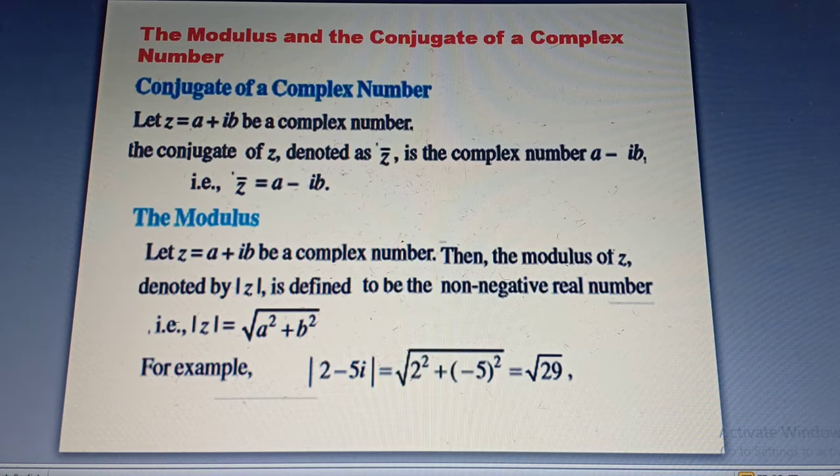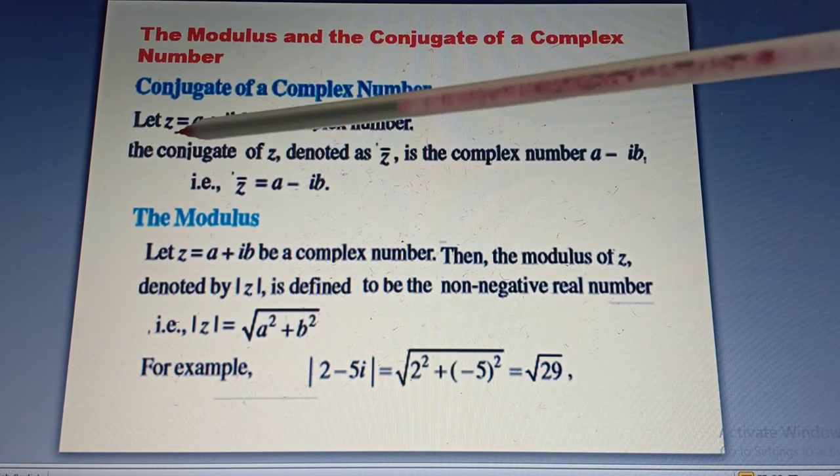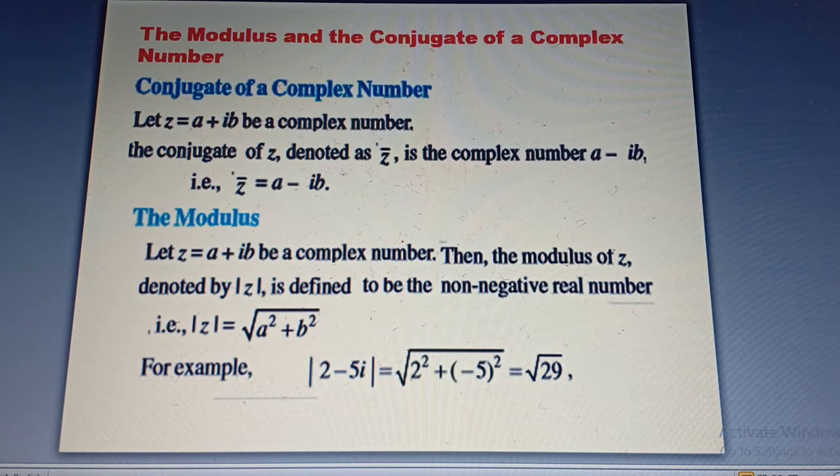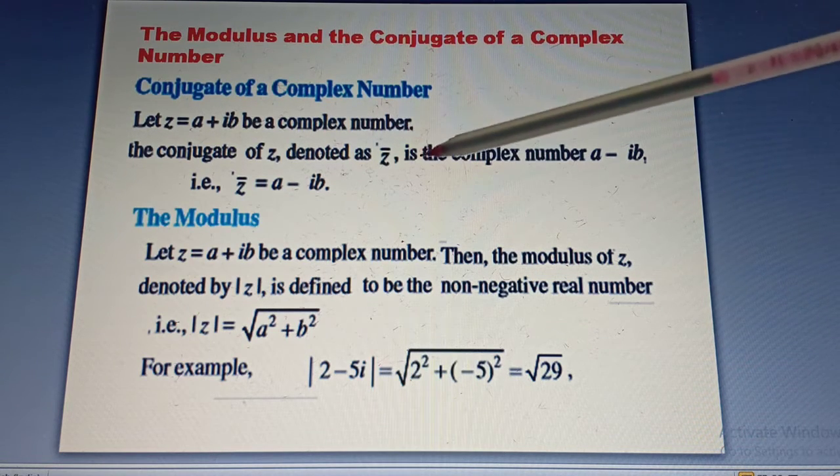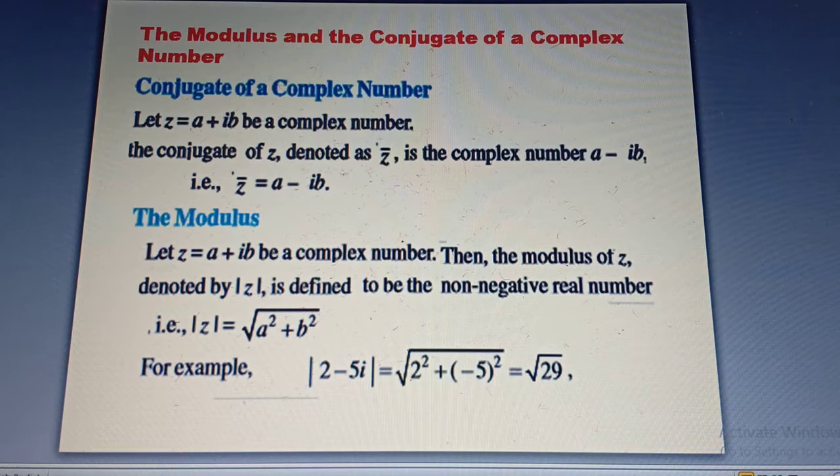Now what is the modulus and the conjugate of a complex number? So students, the conjugate of a complex number means, let z equal to a plus ib be a complex number. The conjugate of z is defined as z bar, and it is just changing the sign of the imaginary part.